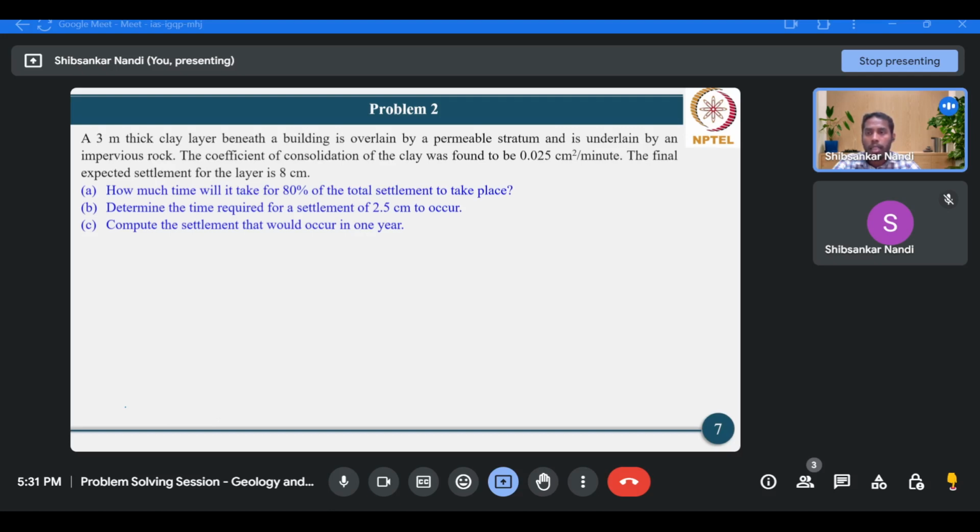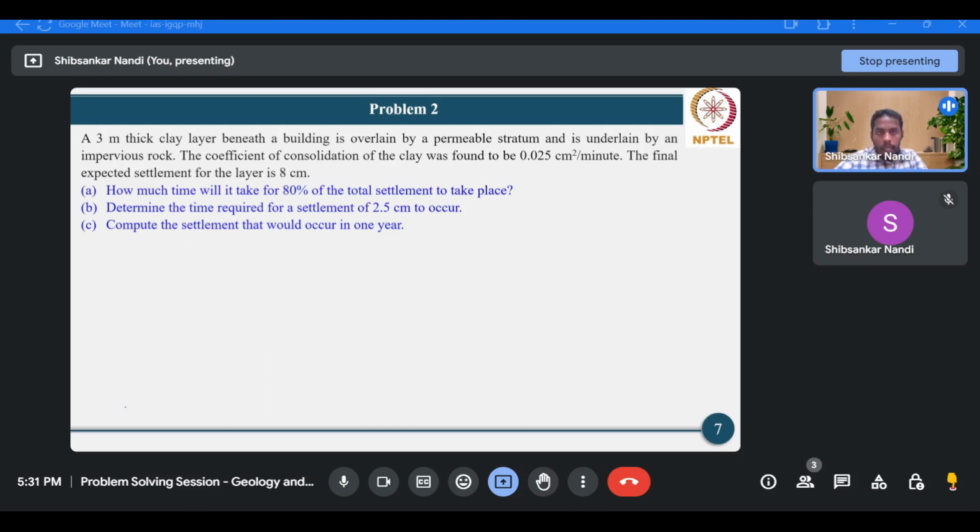The final expected settlement for the layer is 8 centimeter. Now we have to answer 3 questions. The first one is, how much time will it take for 80% of the total settlement to take place? Second, determine the time required for a settlement of 2.5 centimeter to occur. And finally, compute the settlement that would occur in 1 year.